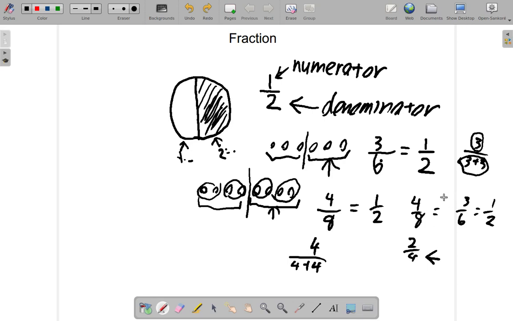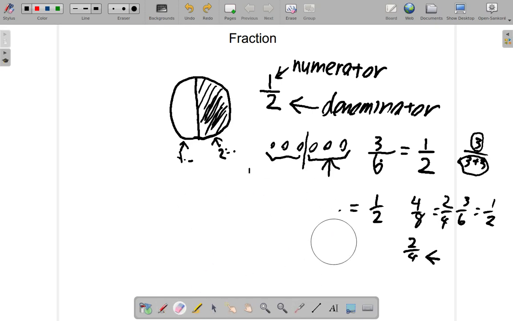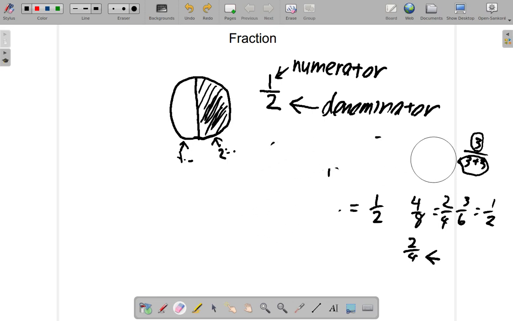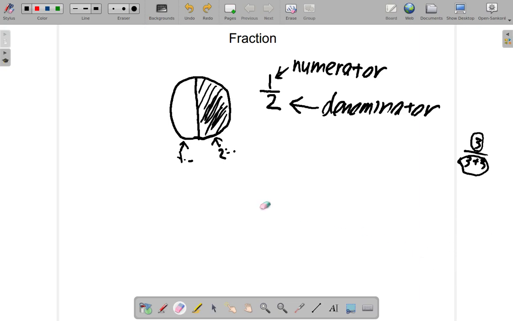So I can also say 4 out of 8 is equal to 2 out of 4. So I can say here, let me just erase these for a while, that 1 out of 2, half, is the same thing as 2 out of 4, which is the same thing as 4 out of 8, and so on.